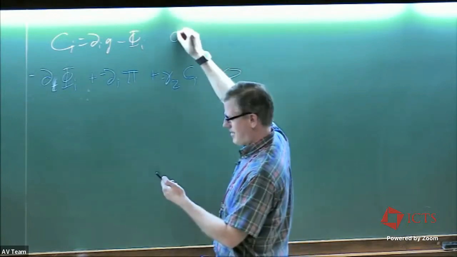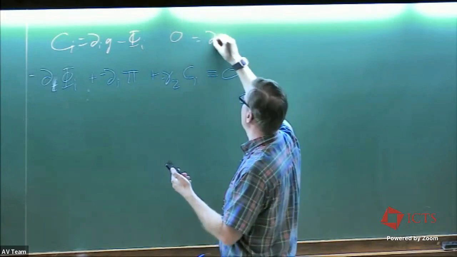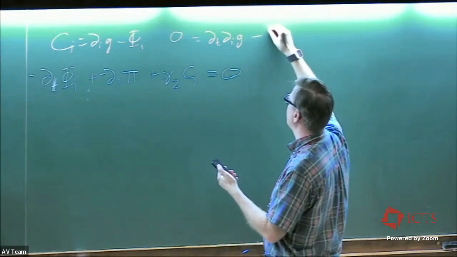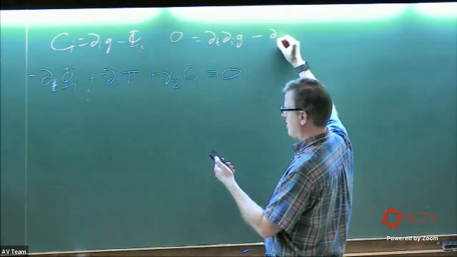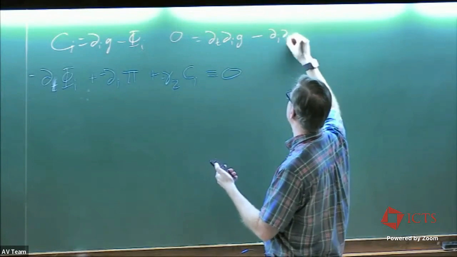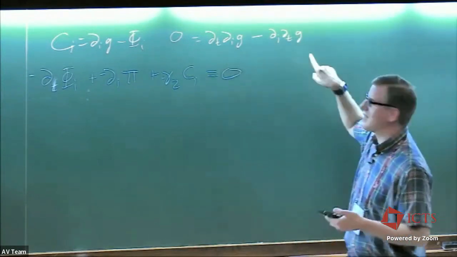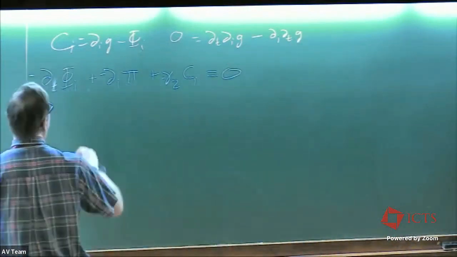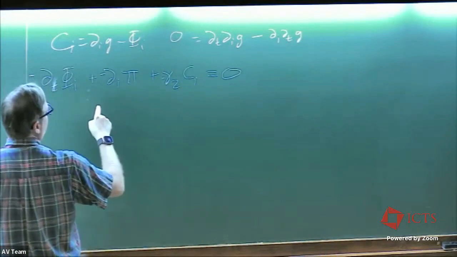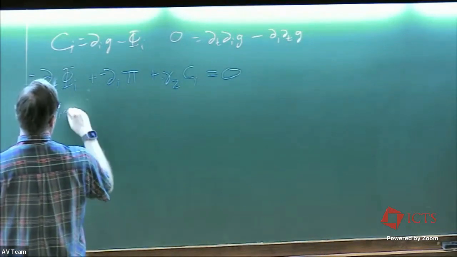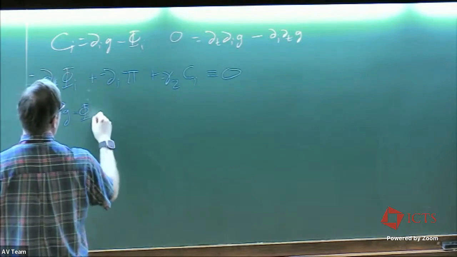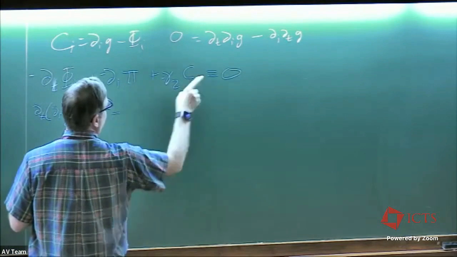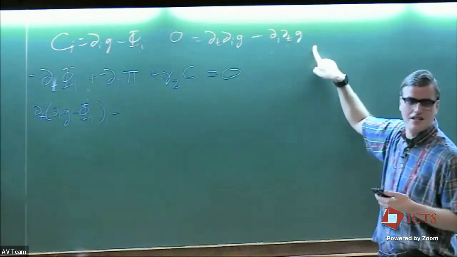And this time, I'm going to say 0 is equal to partial t, partial i of g, the other thing we want, minus partial i, partial t of g. Partial derivatives commute, so this is 0. So I can add that here without changing the physics. And in that case, what I'll get is partial t of partial i g minus this phi i, which was already there. And now I have to subtract the other term, minus partial i, partial t g. But what's partial t g?